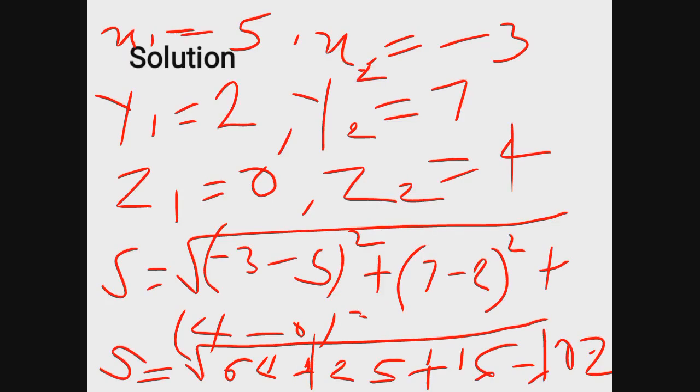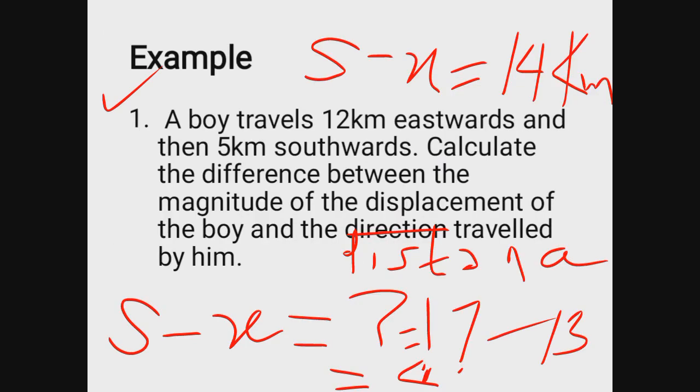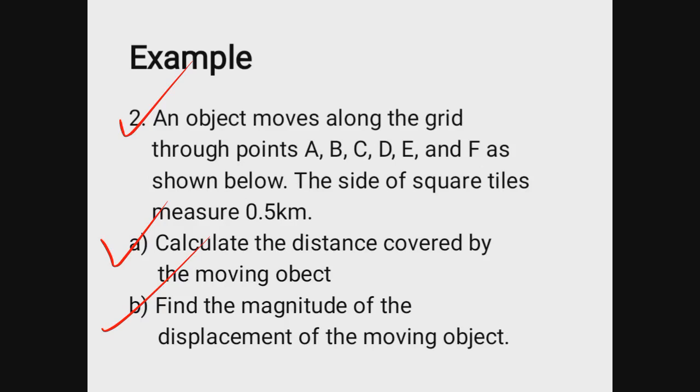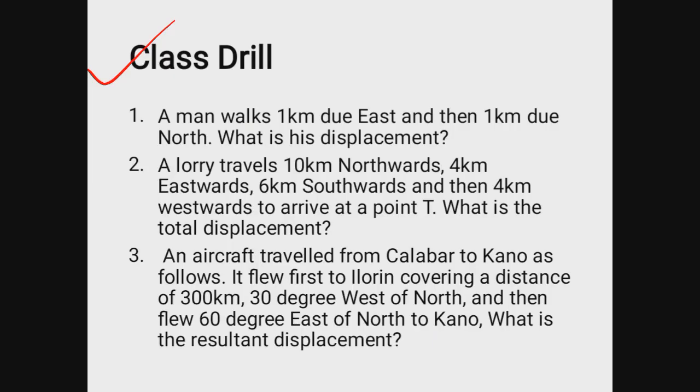Then we didn't stop there. We took examples on how to determine displacement covered by a body. We tried 2 examples on that, and finally we are now at the class drill, where we can assess what we have learned so far. So we have 3 questions here.